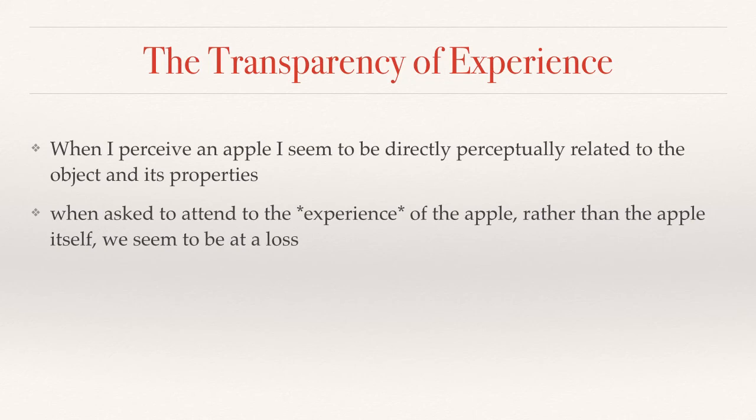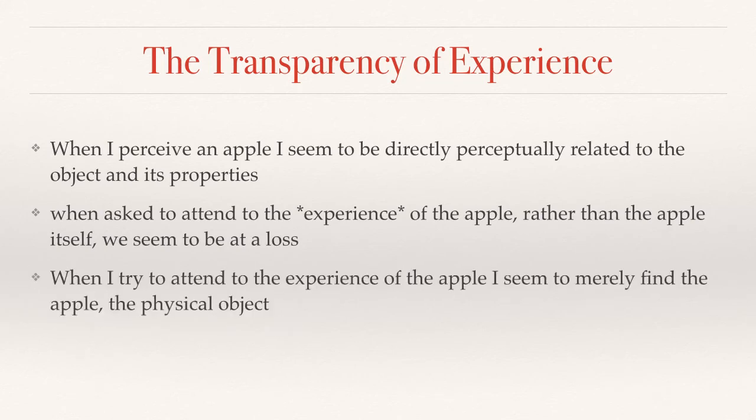So some people say, look, we don't experience the experience itself. We have an experience of the object, that it's kind of direct in this way. We directly experience the object, not an experience of the experience.